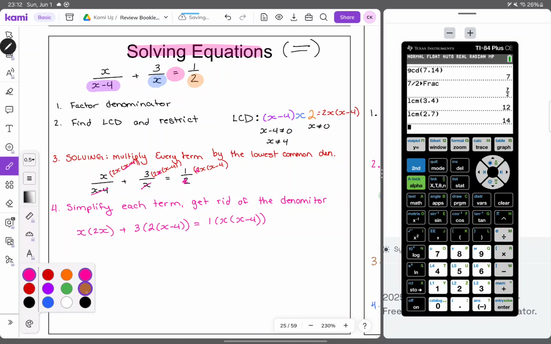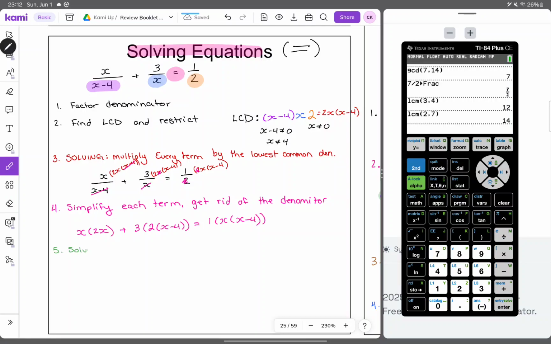So our last step here is to just solve. In this particular case, it's a quadratic, but it's going to be either a quadratic or linear equation. So we're going to do just our steps for solving quadratic or linear equations.